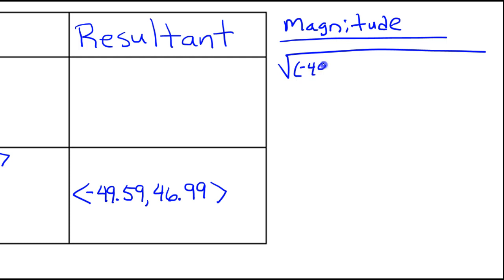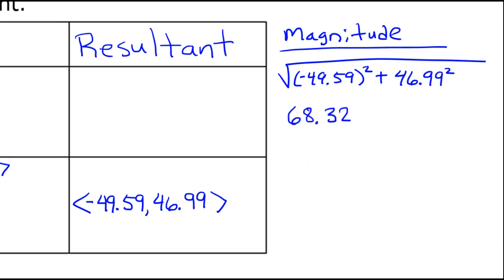So negative 49.59 squared plus 46.99 squared, square root of all that. I'm getting 68.32. So that's the magnitude of my resultant vector, 68.32, and this is miles. So now we need the direction.